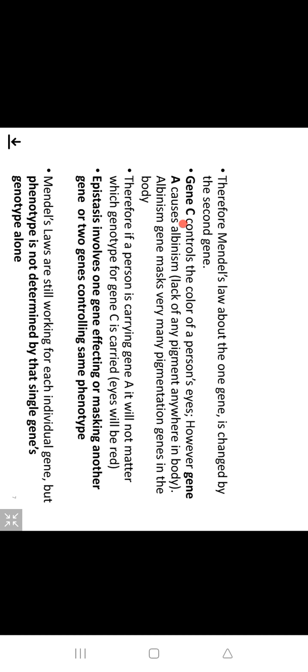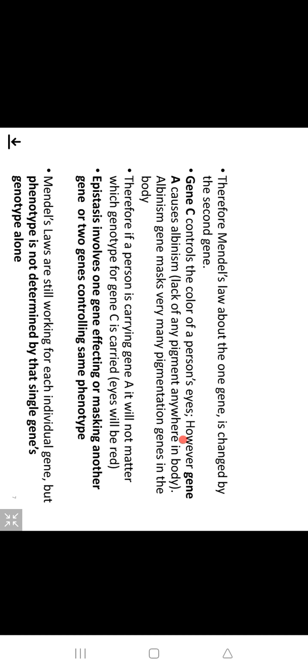So for example, gene C controls the color of a person's eyes. Yeah, you have the blue eyes, you have the brown eyes. However, gene A causes albinism. So you know the albino gene. People with albinism, you find that the albinism gene is actually epistatic over very many genes.